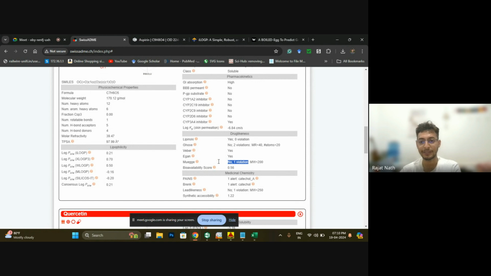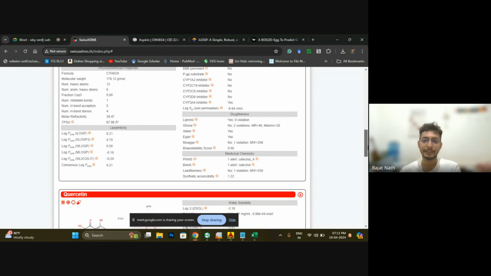So your compound is violating the Muegge rule. In our case, we use the Lipinski rule of 5 to analyze our drug likeness properties, so you can consider the Lipinski rule of 5. Other than this, you can give the result of other rules in your manuscript to get more results.